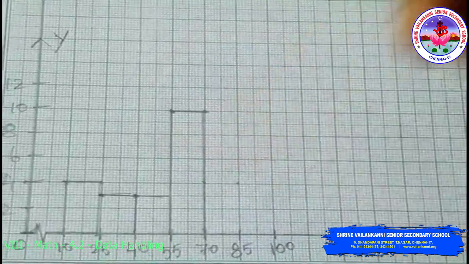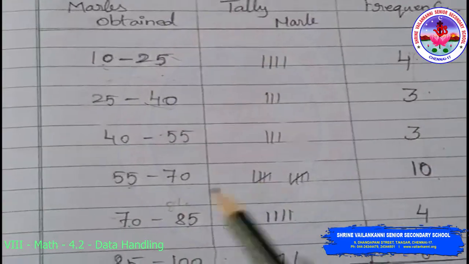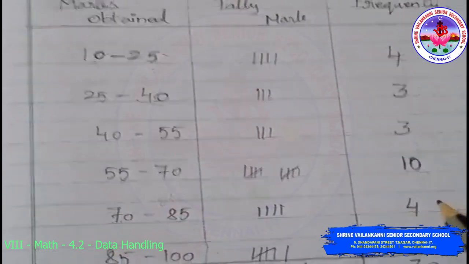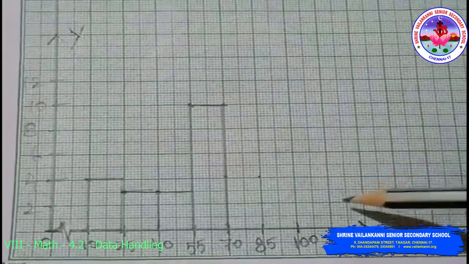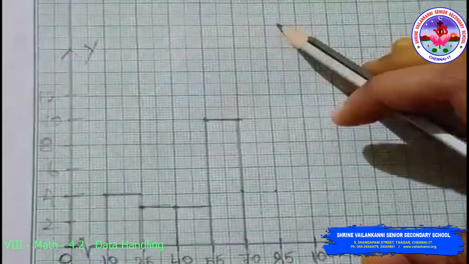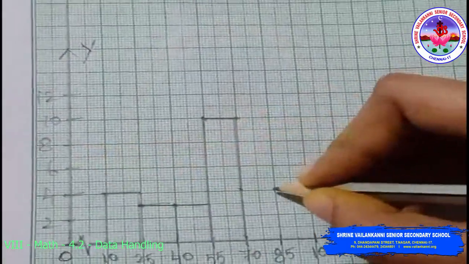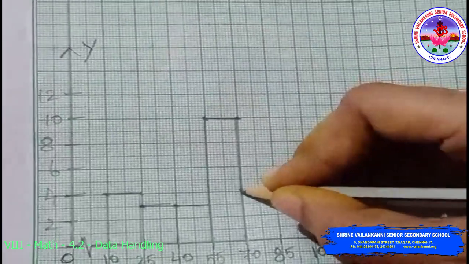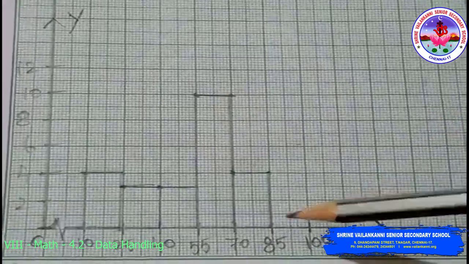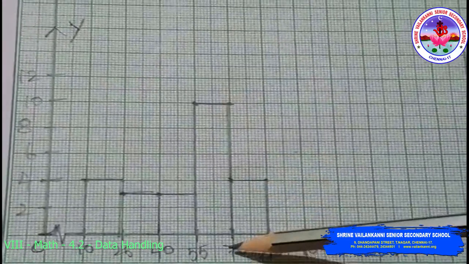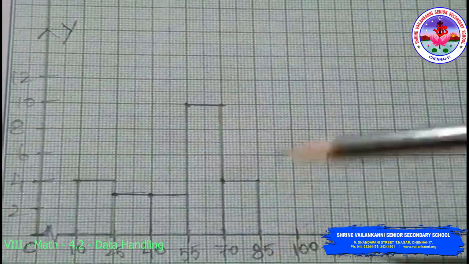The height of the bar is 4, so mark it on 4. This is the bar for class interval 70 to 85.